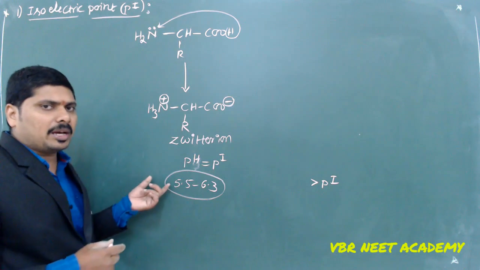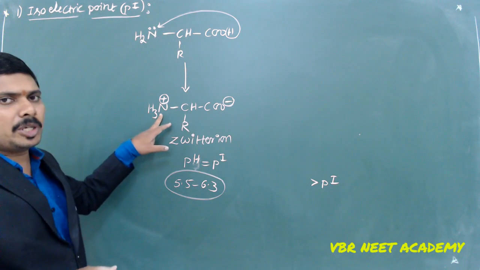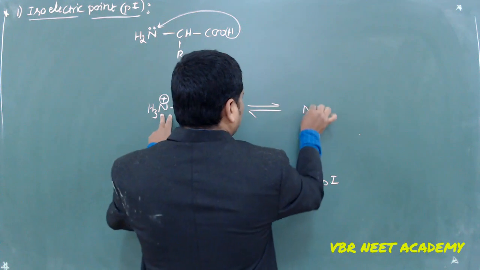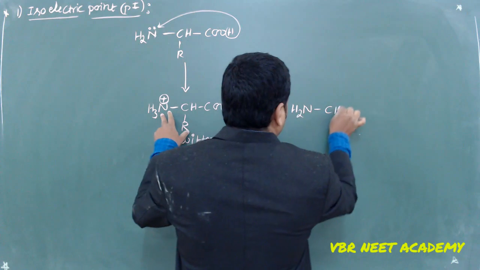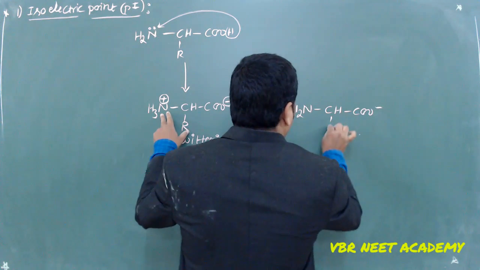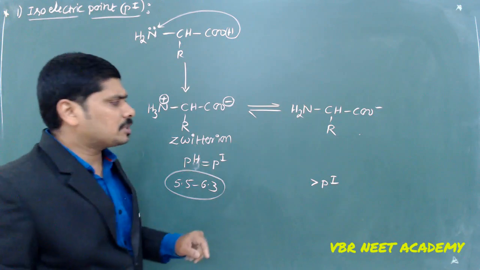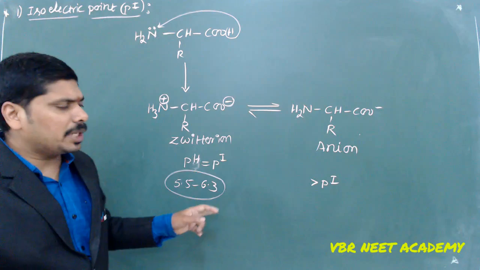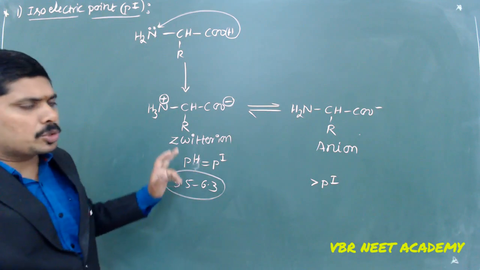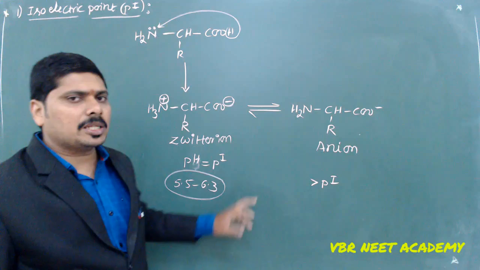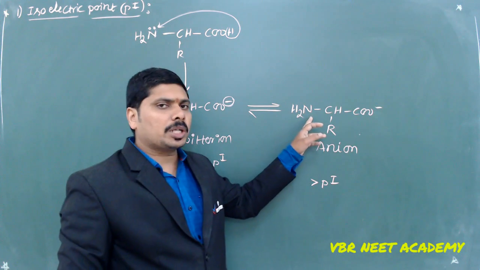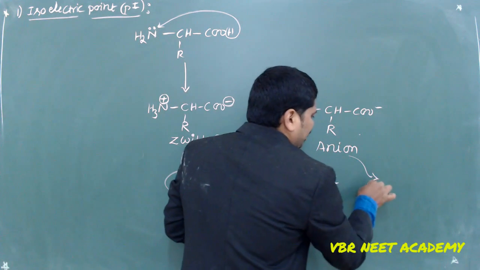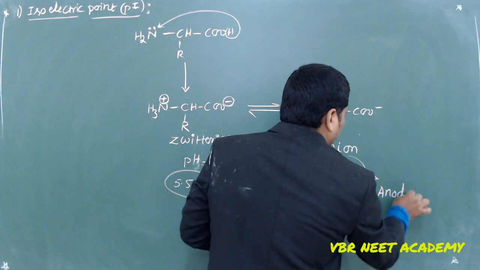That OH minus ion takes out the H plus from NH3 plus, and it gets converted to NH2 CH COO minus R, which we call an anion. So above the pI, the amino acid behaves as an anion because the OH minus takes up the proton on NH3 plus. As it is an anion, where will it move? This is the question we usually get.